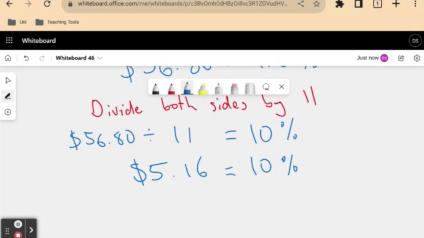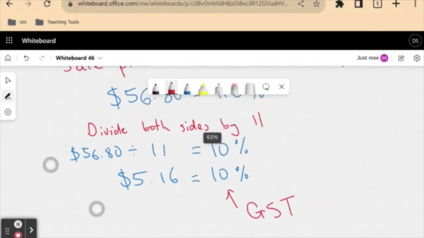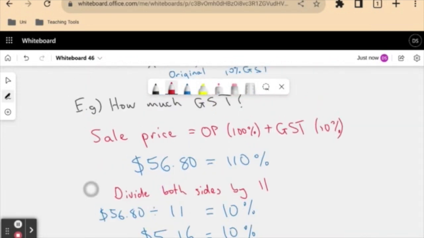And I've found this particular percentage, this particular portion, which is our GST. So that is part one done.